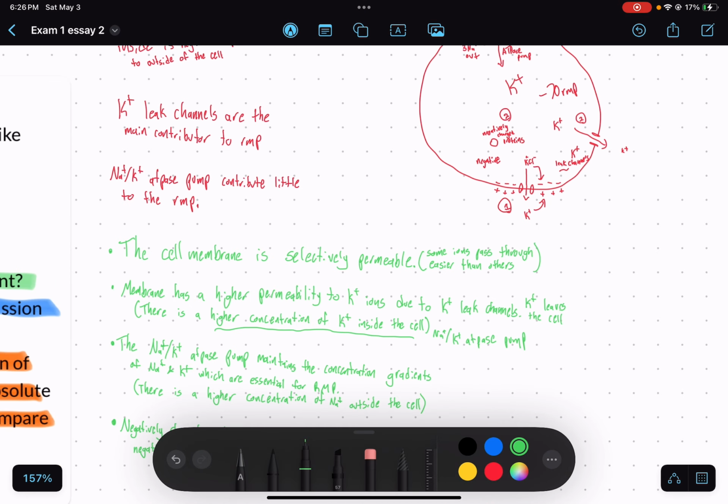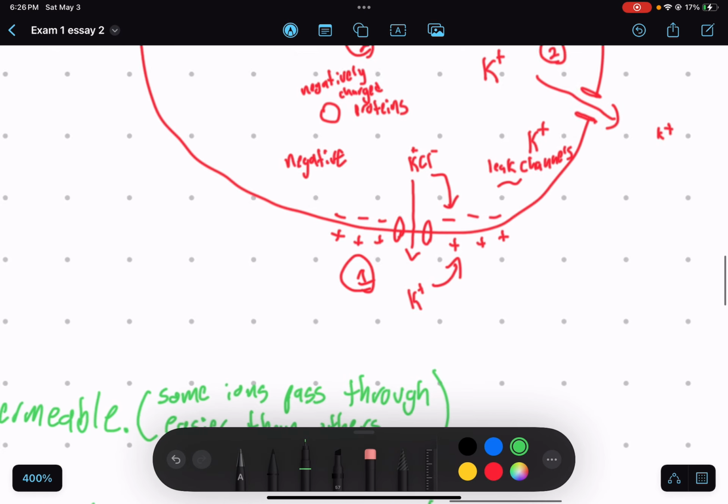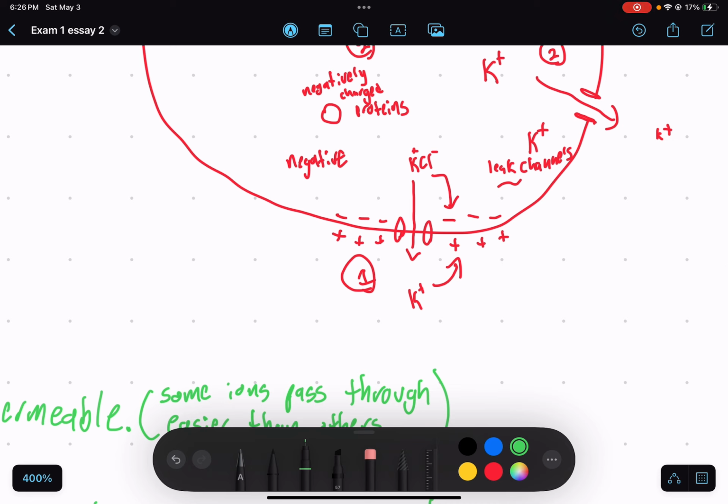Another factor that is also helping with that is whenever the cell loses those potassiums as they come out, the negatives are going to be left inside. And so that negative charge is the electrical gradient. And because the potassium is positive, the negative charge is going to want to attract that.